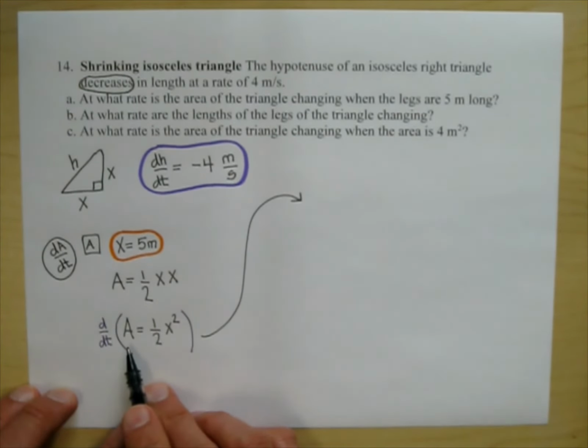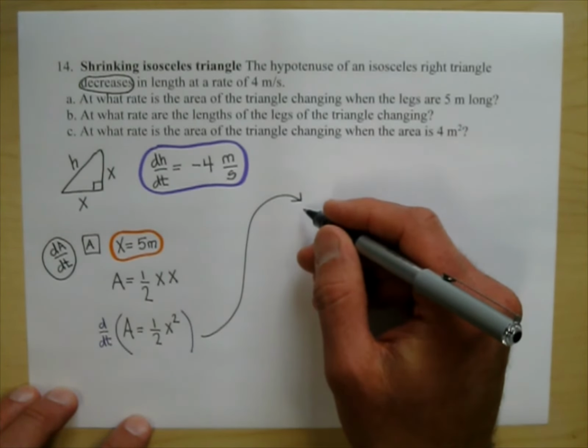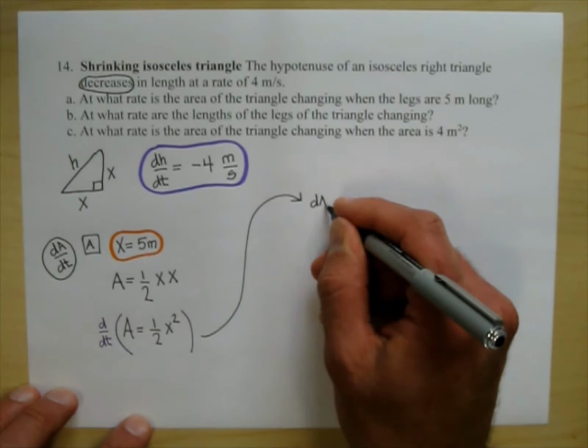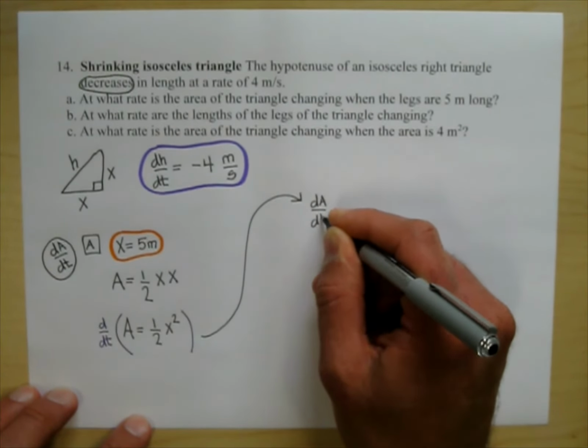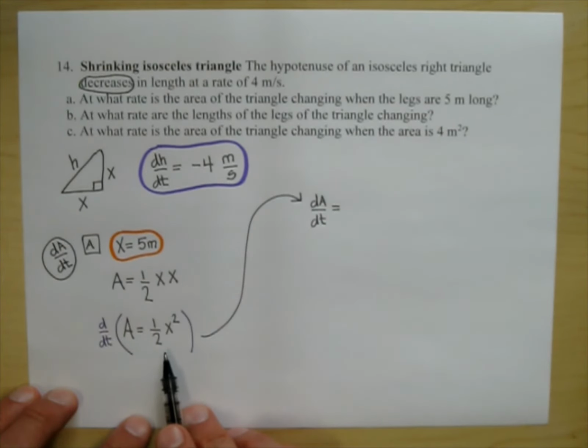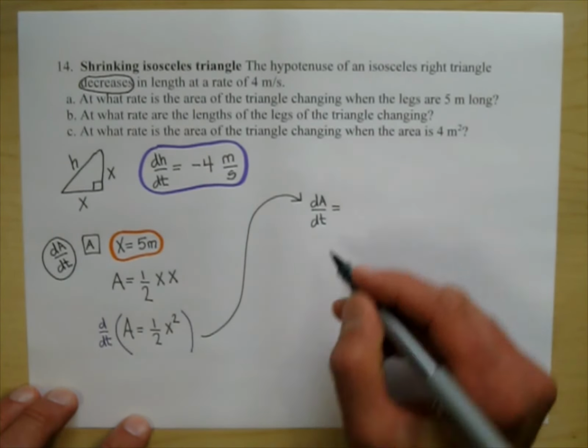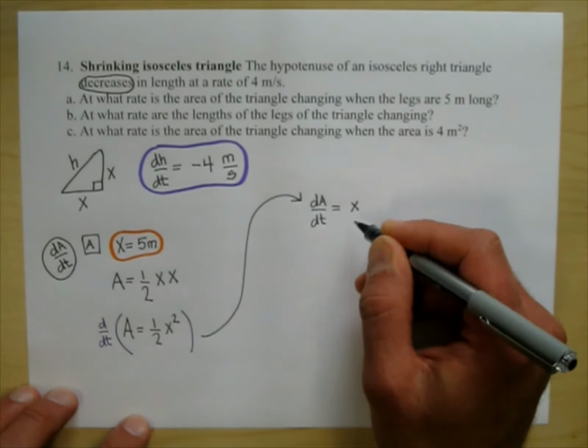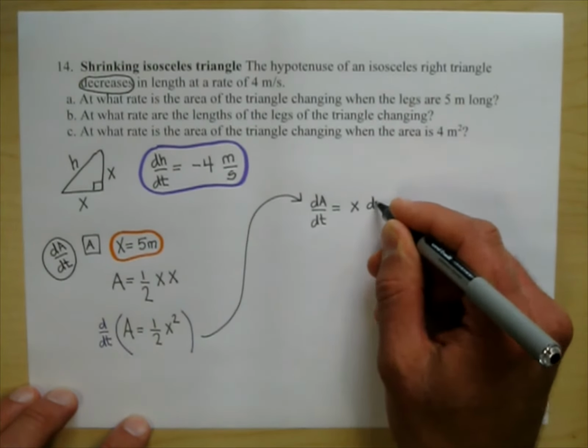The derivative of A is 1, but now we're doing with respect to t, so this is going to be 1 times dA/dt. This equals the derivative of 1/2 x squared. The 2 comes down, and so when you're done with that, this is going to be x dx/dt.